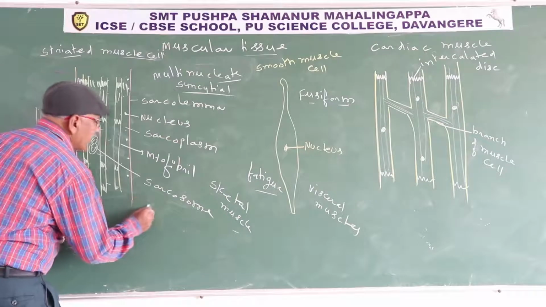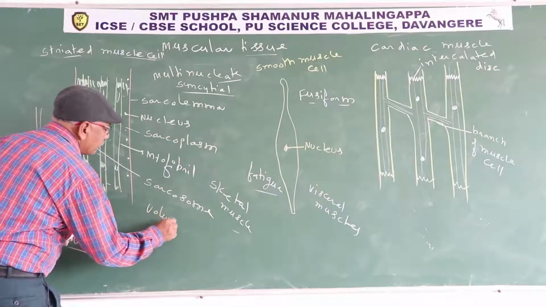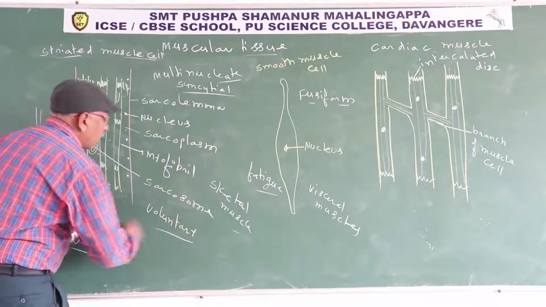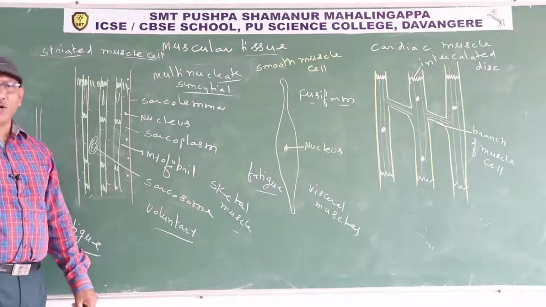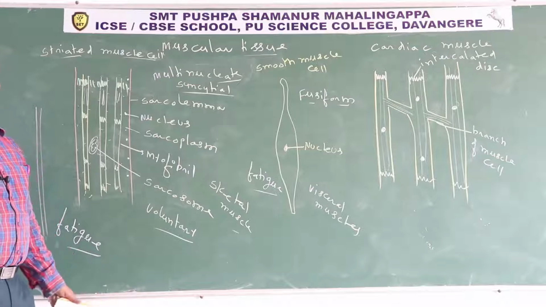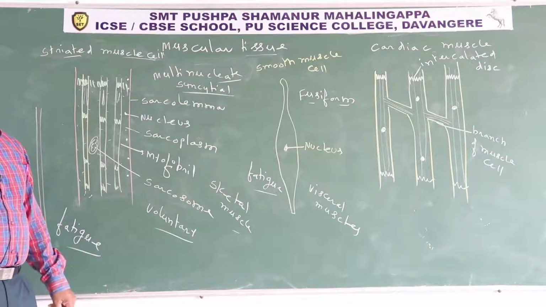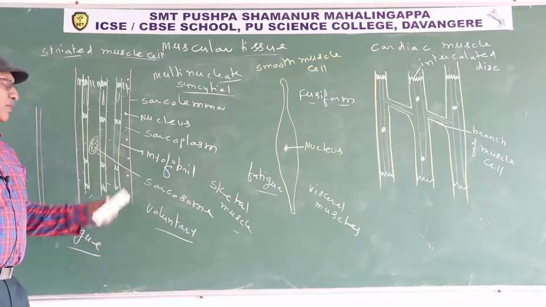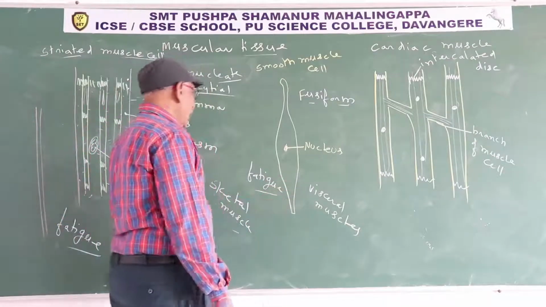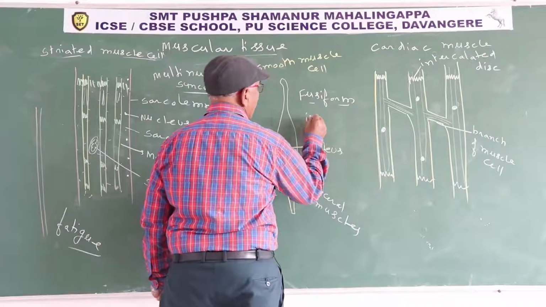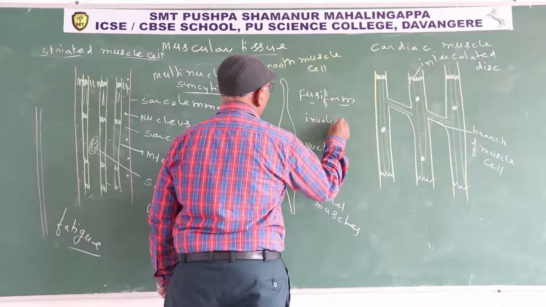So striated muscles are voluntary muscles. If you want, we can walk. If you want, we can sit or stand at any time. So striated muscles are voluntary muscles. Smooth muscles are involuntary muscles. They are not under the control of the will of the organism.